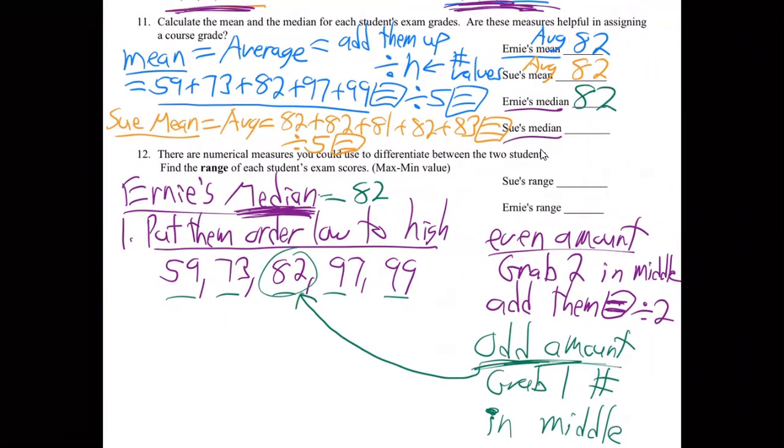That doesn't always happen. Ernie's median is 82. That's his middle number. So just put them in order. Now, if instead you did the 50 percentile formula, that would work too. You know, the P over 100 times N and all that, that would also work. Either way is good.